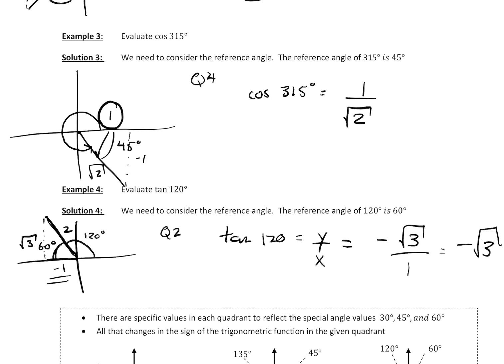Just consider what would happen if I wanted to get a radius of 1. You would divide everything by 2. And you'll see that you get your special angle values. So the special angles take into consideration a simplified triangle going from a hypotenuse of 2 down to a hypotenuse of 1 through division. But like I said, they're similar, so just keep working with it the way you're looking at it here.